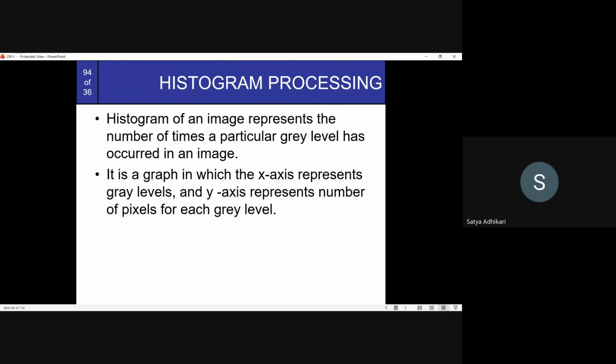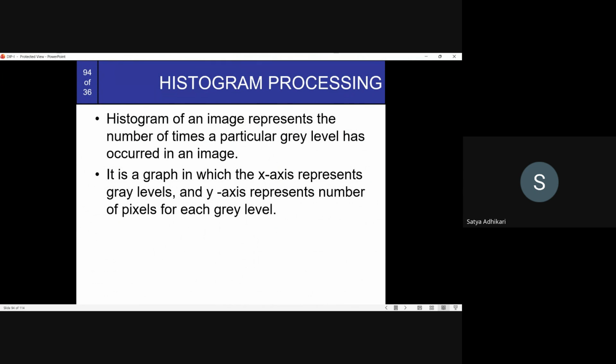Suppose we take a small example. You have an image, and that image contains a lot of pixels, and each pixel has a different gray level value.